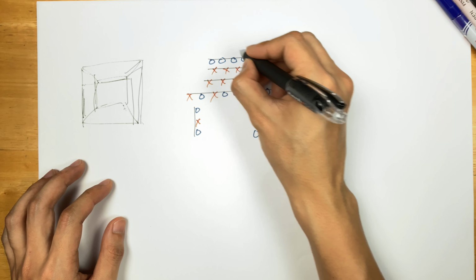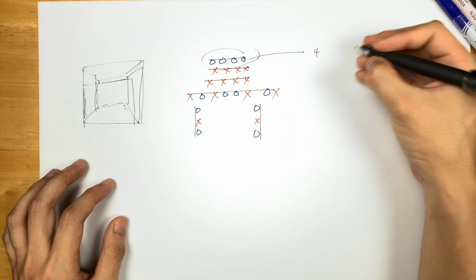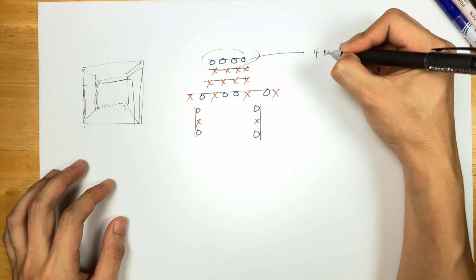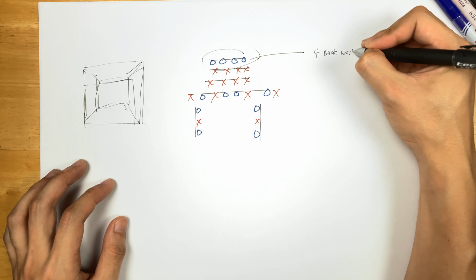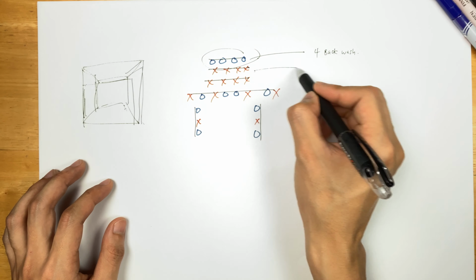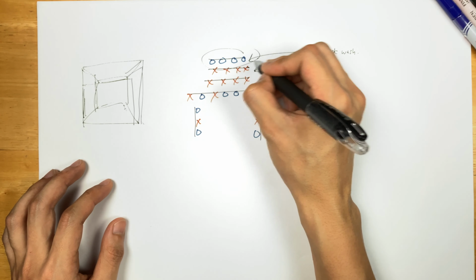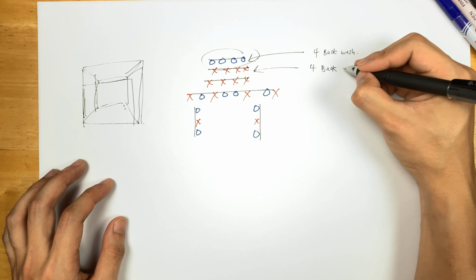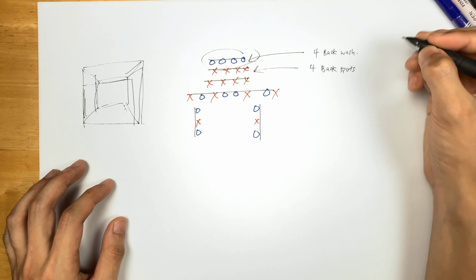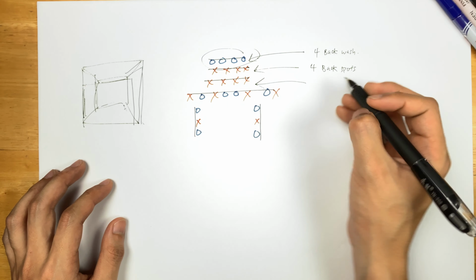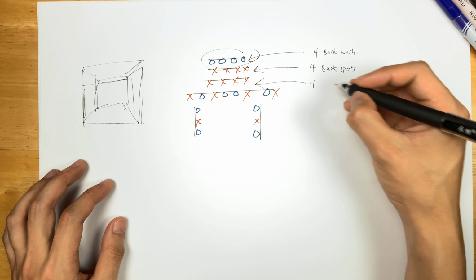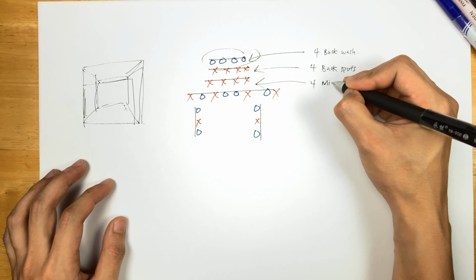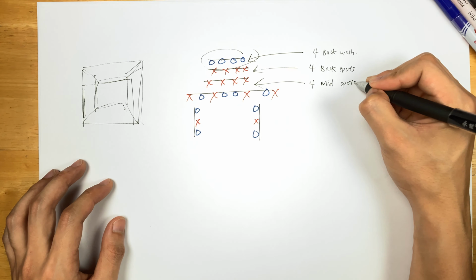Let's group this for back wash. For back spot. Another 4 mid spots.